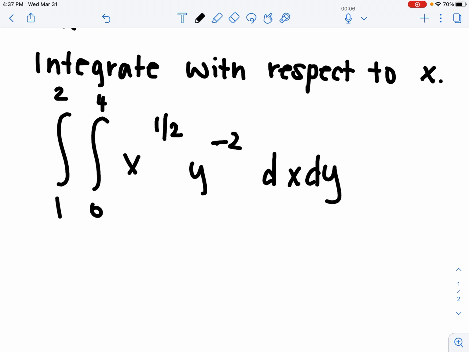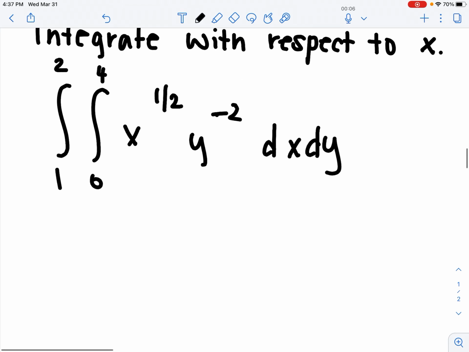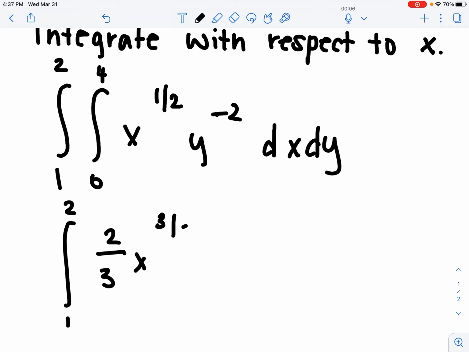And then that will equal, because we're doing it with respect to x, we'll be treating the y like a constant first. So then that will become, this is 1 to 2, 2 over 3 x raised to the 3/2 y to the negative 2, and that'll be from 0 to 4.